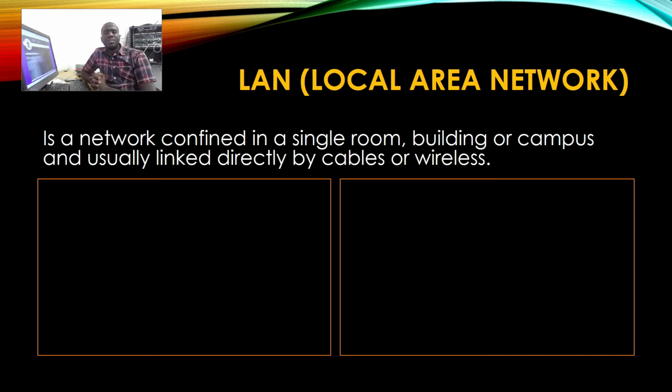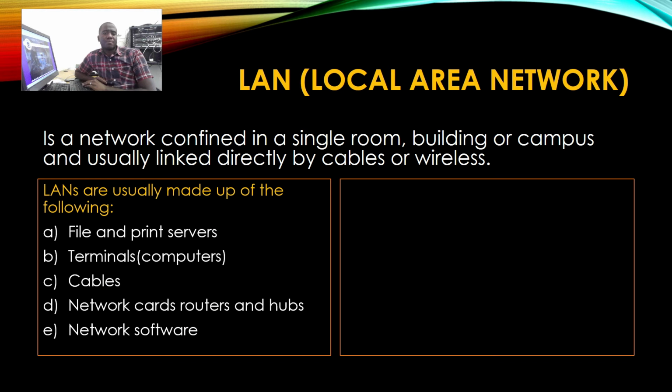So the key factor about a local area network is that it is confined to a building, to rooms or a campus. When we talk about a campus, for example, our own Sunshine Private College, it's a campus because it comprises so many different buildings. So whatever connection is there is a local area network, right?